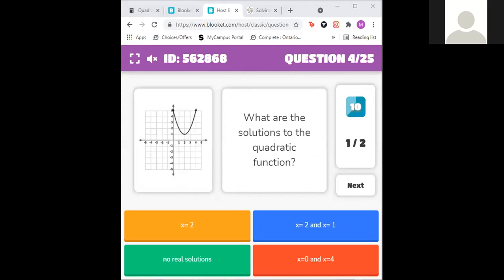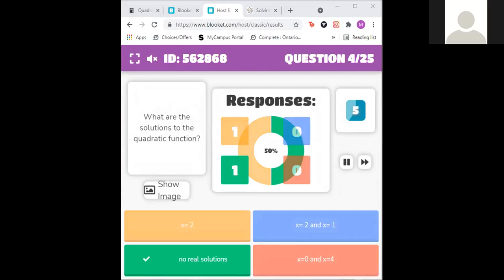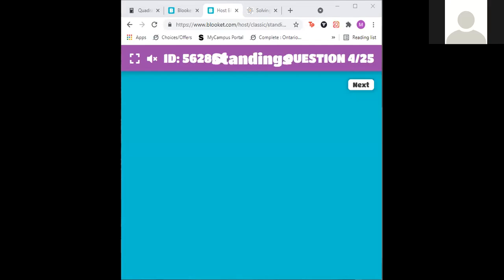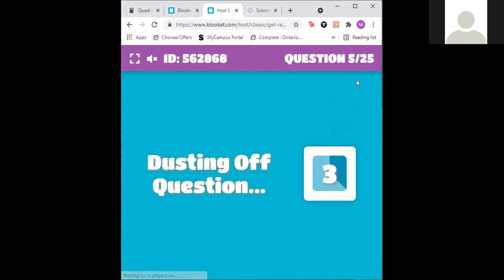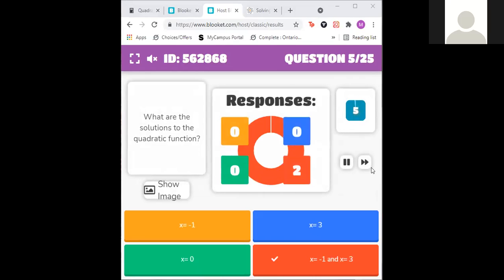Here, where does it hit the x-axis? So it doesn't hit the x-axis at all, so it'd be no real solutions. So where does it hit the y-axis? When is y equal to 0? Yeah, good job.